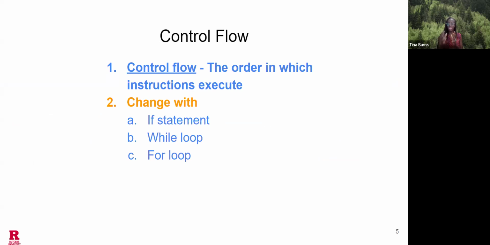So if statements allow me to interrupt that flow. If I say A is equal to 4, B is equal to 8, and C is equal to 9, I have 3 things that I'm executing that I'm giving explicit instructions for.